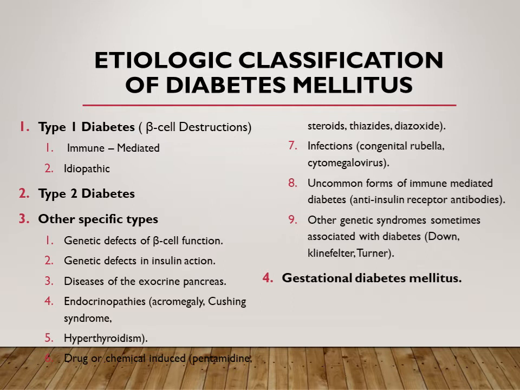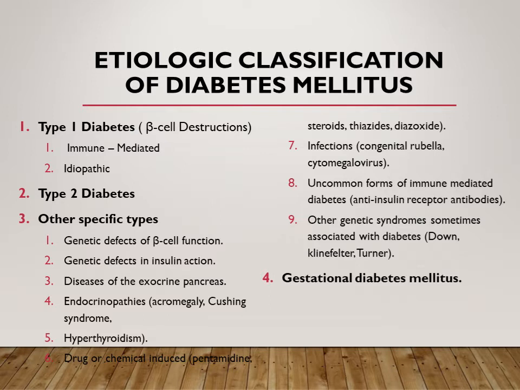Infection induced diabetes mellitus, such as congenital rubella and cytomegalovirus. Uncommon forms of immune mediated diabetes mellitus, where anti-insulin receptor antibodies occur. Other genetic syndromes sometimes associated with diabetes, such as Down's syndrome, Klinefelter syndrome and Turner syndrome.